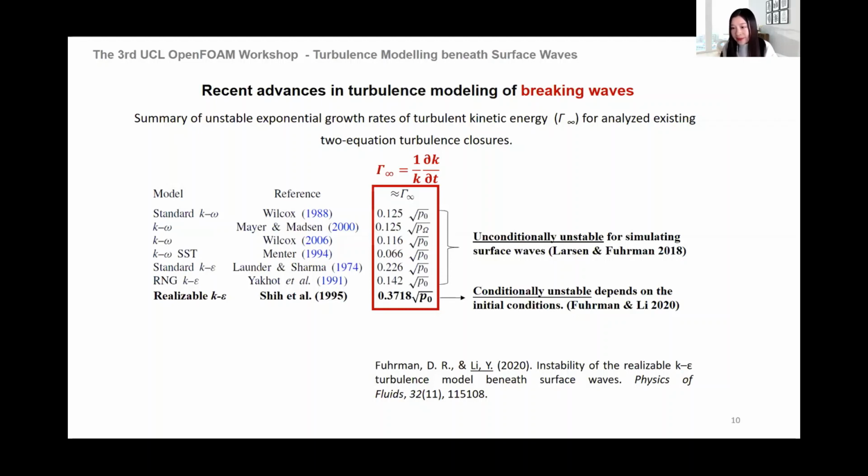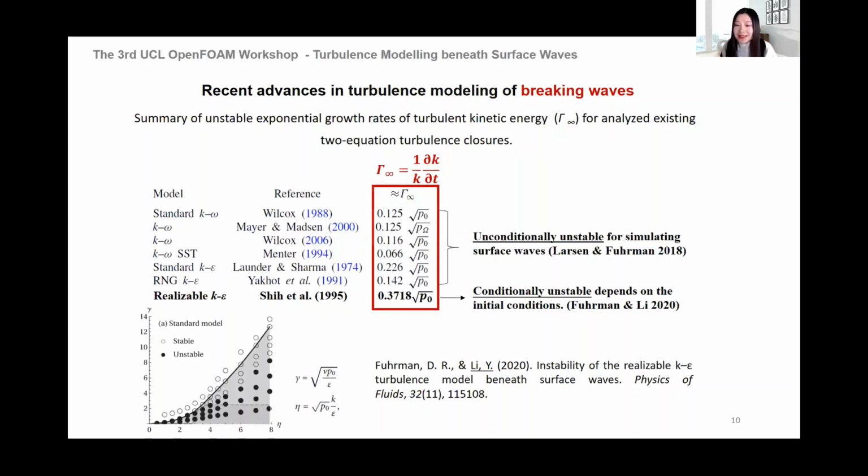For this model, we found that unlike other two equation models, it is conditionally unstable depending on the initial conditions. Here we define the conditions with two parameters, gamma and eta, related to P naught, K and epsilon. When the initial condition falls into the unstable zones, this realizable K-epsilon model will have a growth rate about 3 times that of other models, which is extremely unstable for simulating surface waves.